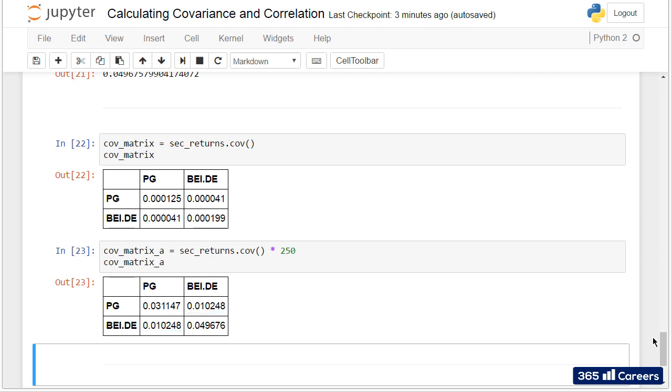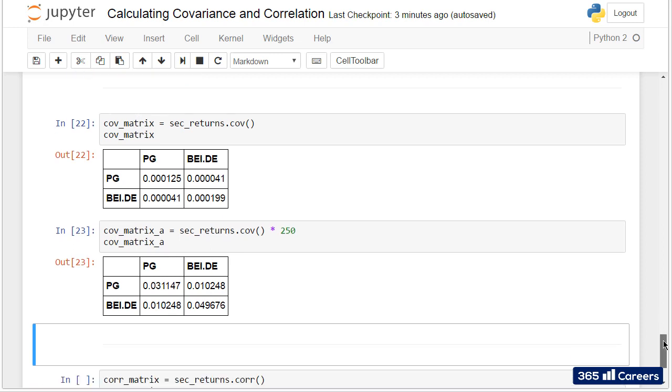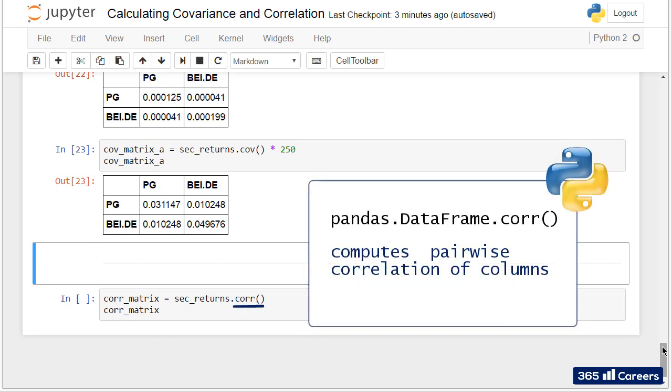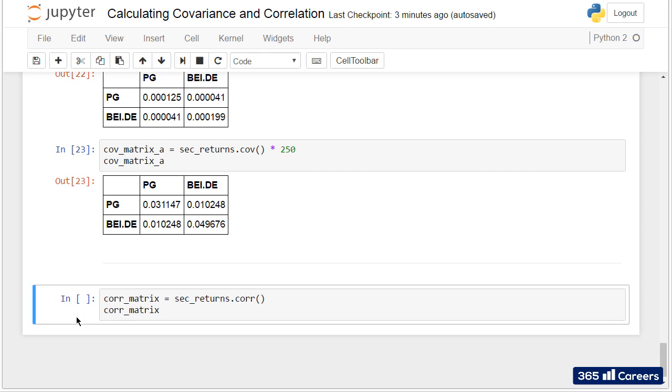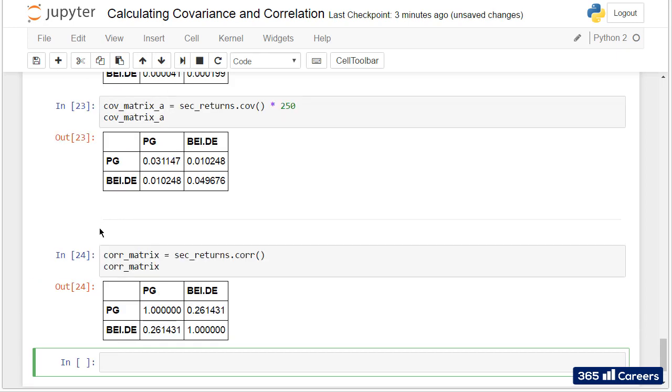Okay, very nice. Now, let's calculate the correlation with the help of the corr method. Along the main diagonal, we see exactly 1. Why? Because we divide the variances of P&G and Beiersdorf by the same values.